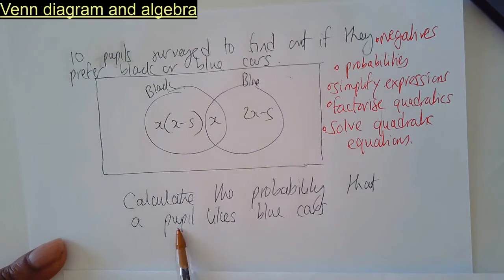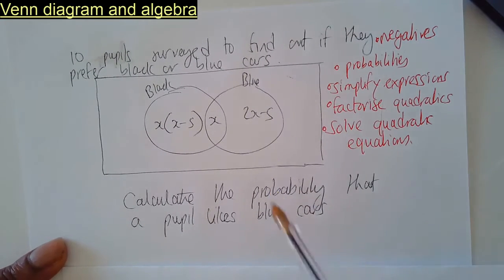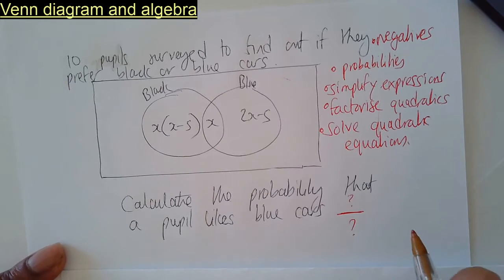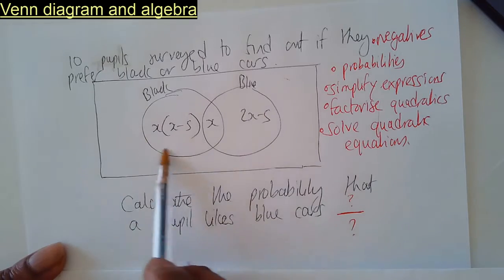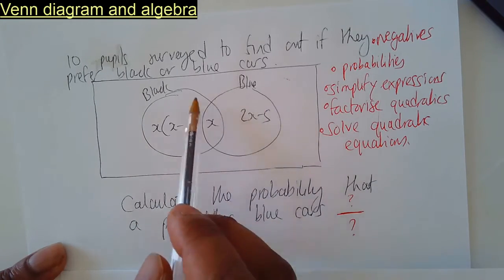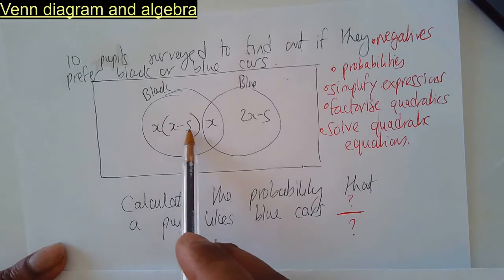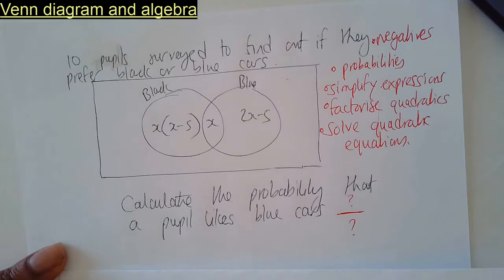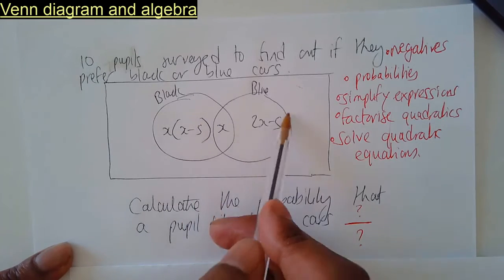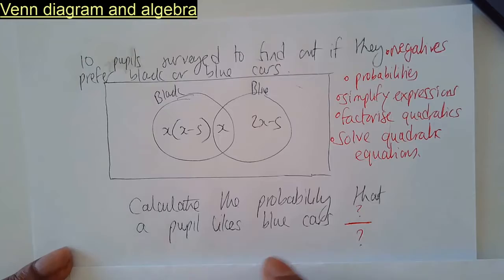Calculate the probability that a pupil likes blue cars, and the answer is going to be a fraction. Well, there's a total of 10, nothing on the outside, it doesn't say anything about the outside. So there are black and blue, total is 10, but total means what? It means adding. So we need to add these three expressions.